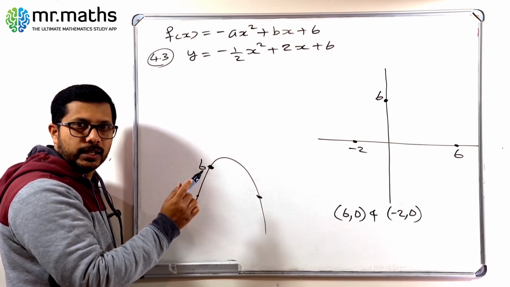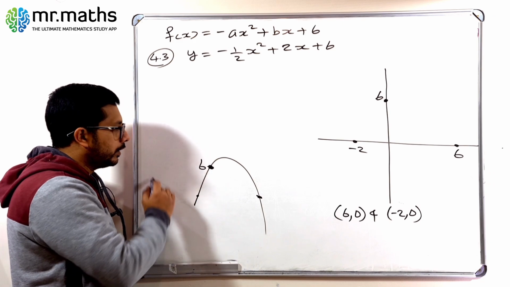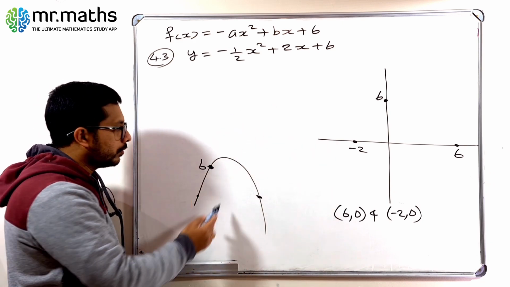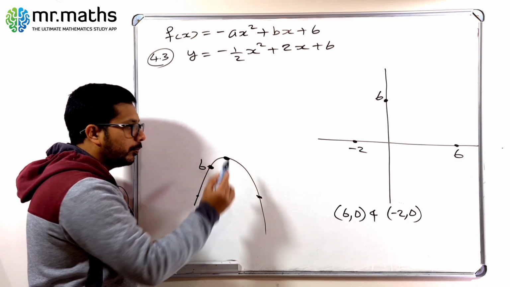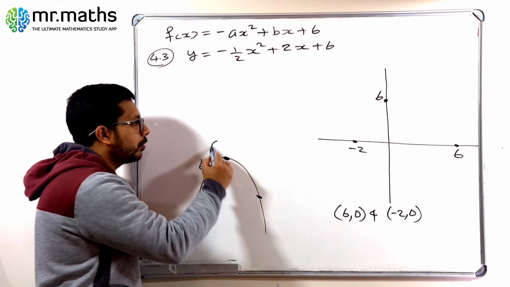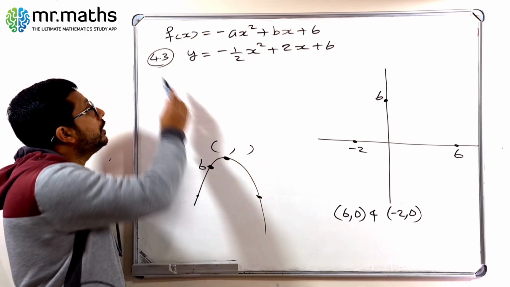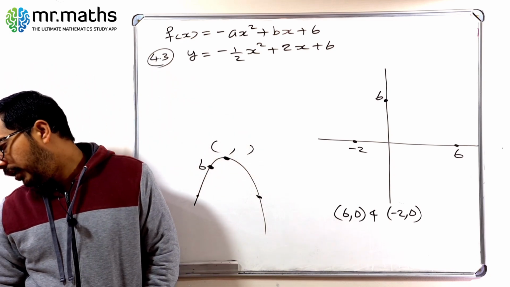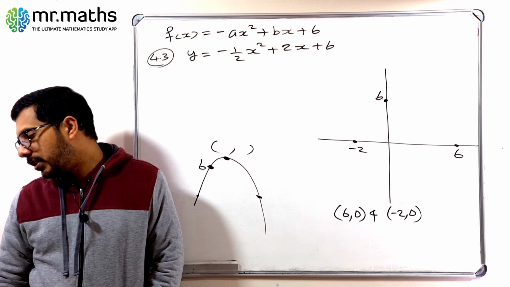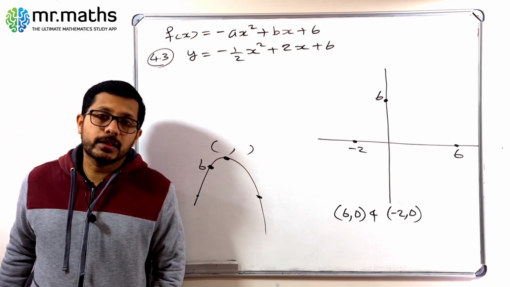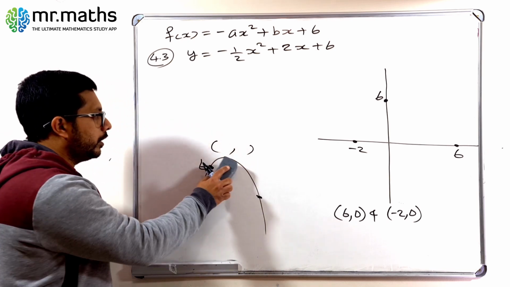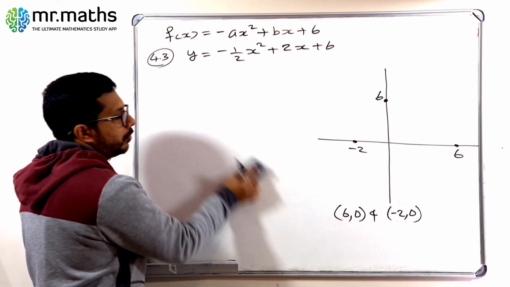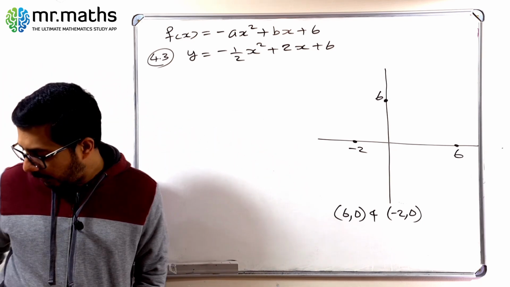Don't misunderstand like that. So I have to know the coordinates of the turning point. Question 4.3 is: calculate the coordinates of the turning point of f. You have to find the coordinate of that turning point. So how can we find the turning point coordinate? It's very easy.